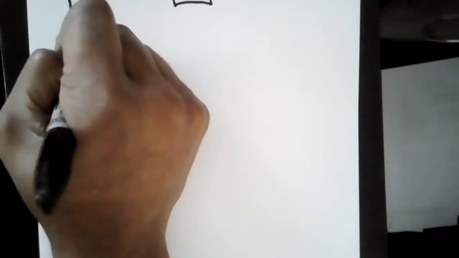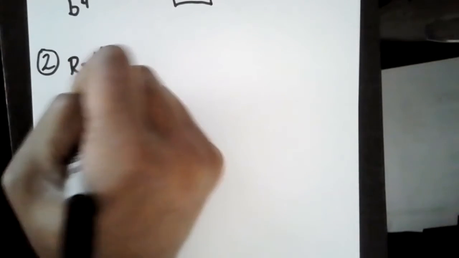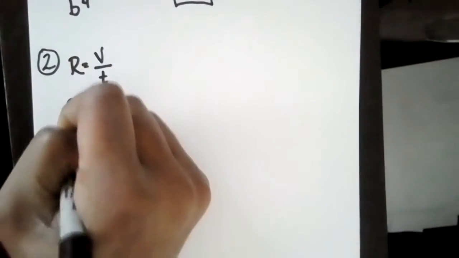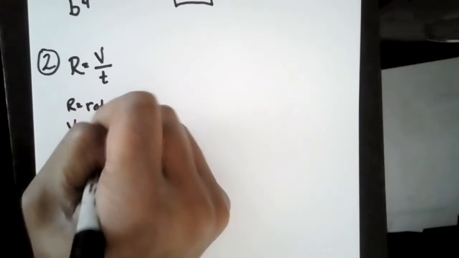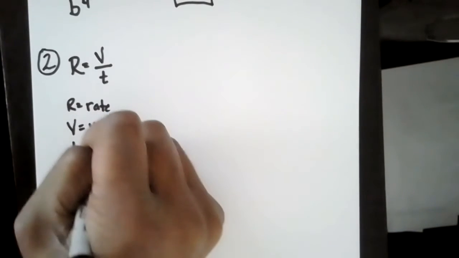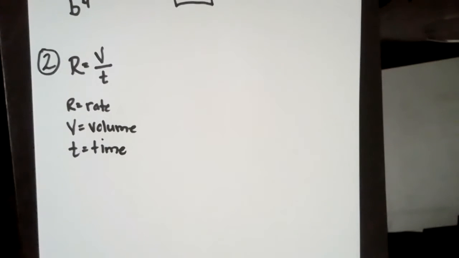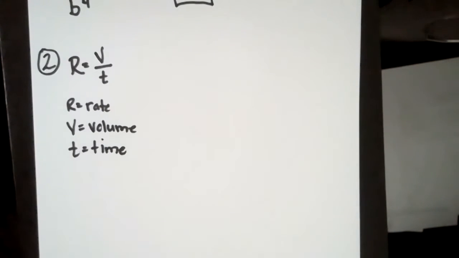So we know that R is equal to V over T. We know that R is equal to the rate, V is equal to volume, and T is equal to time. So we have the R, the V, and the T.